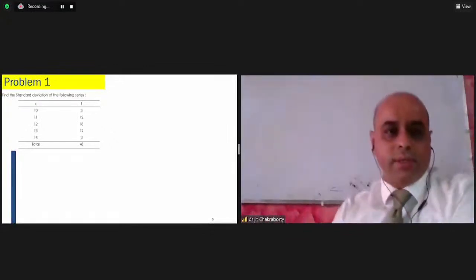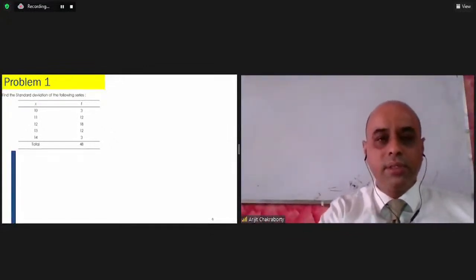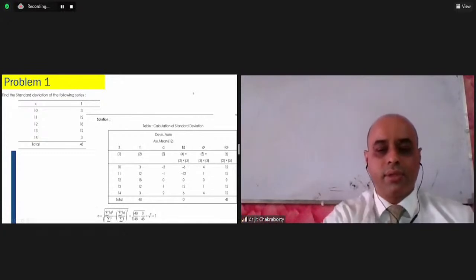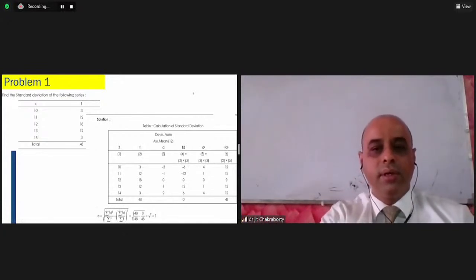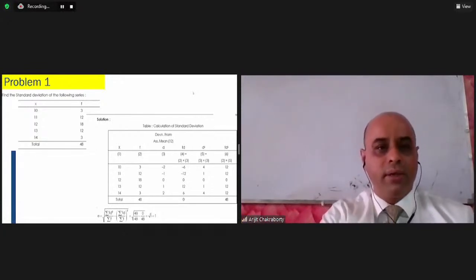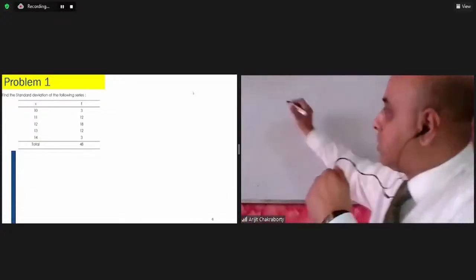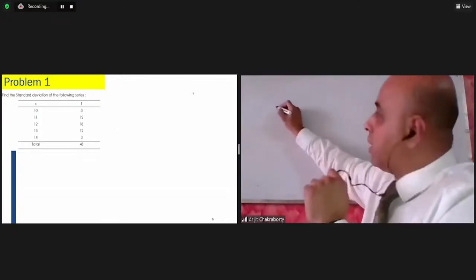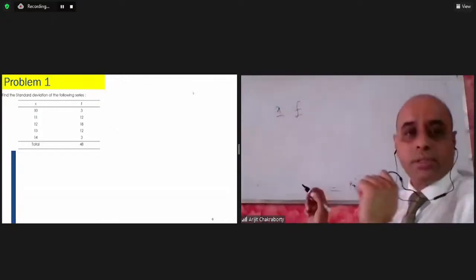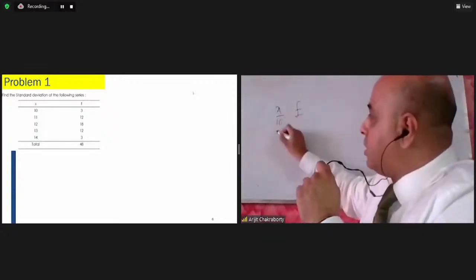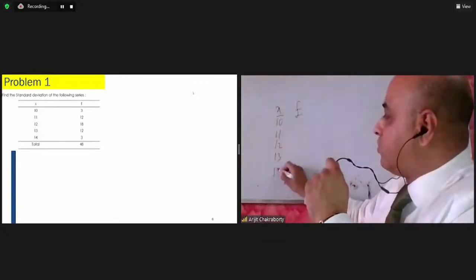Here we have frequency. So the frequency means that again a table has to be drawn. In this case, we will first take an assumed mean. We will try to assume a mean and then we will go ahead. So let us take the problem first, X and F. F is the frequency, X is 10, 11, 12, 13, and 14.